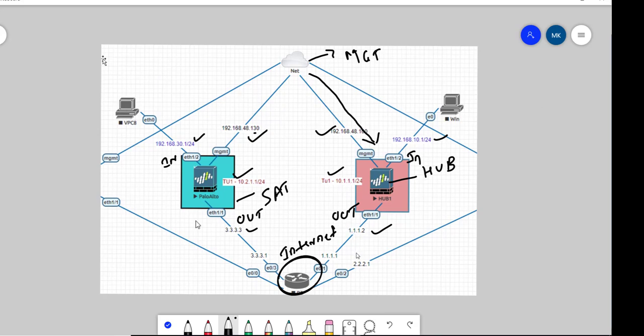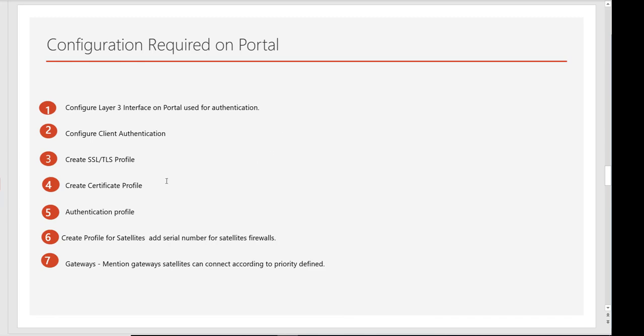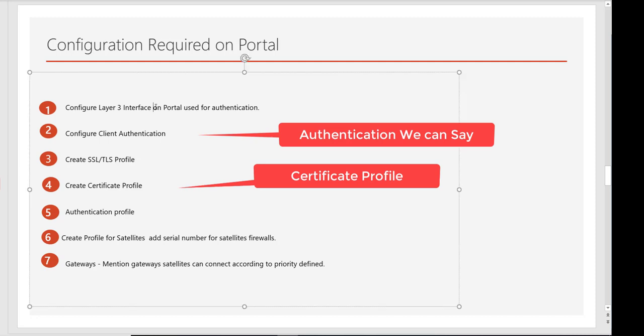So this is how our topology is that we will be configuring. Okay, so now moving further with the portal configuration, these are all the parameters that we need to configure for portal.